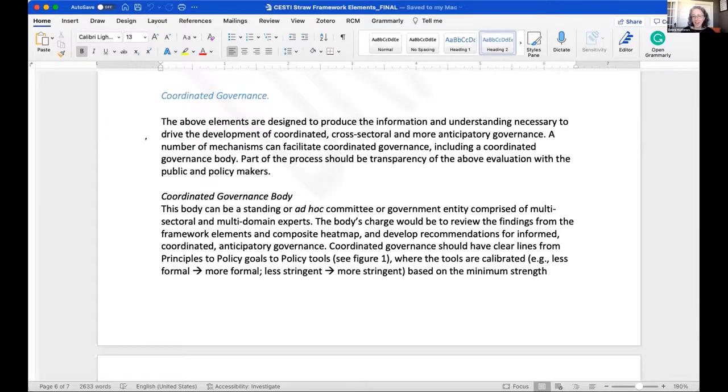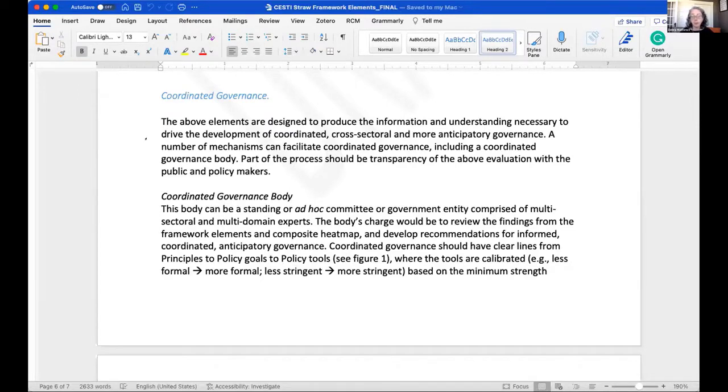For any of this to happen, we need more coordinated governance. And the two key foci of CESTI have been taking a cross-sectoral lens to emerging technologies, and then this focus on translating ethical principles into governance choices. And to have that cross-sectoral lens, you also need coordinated governance.